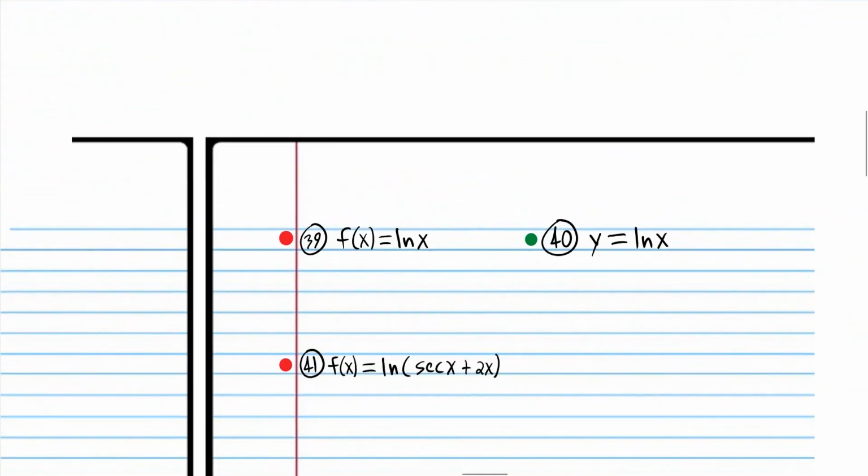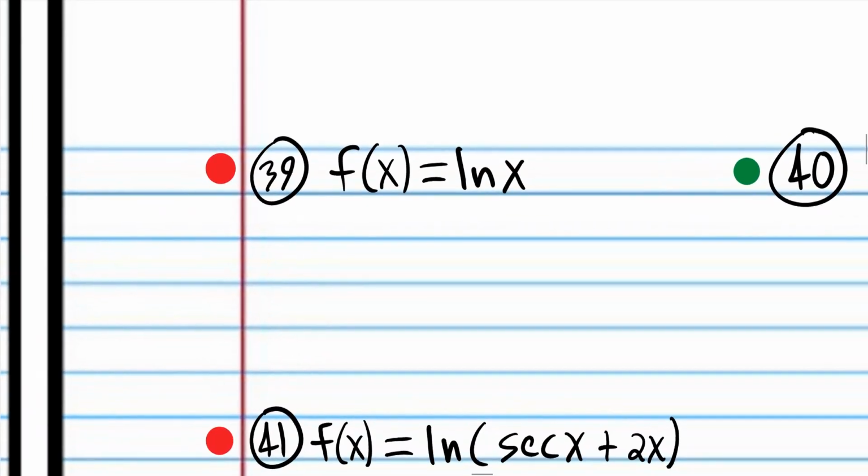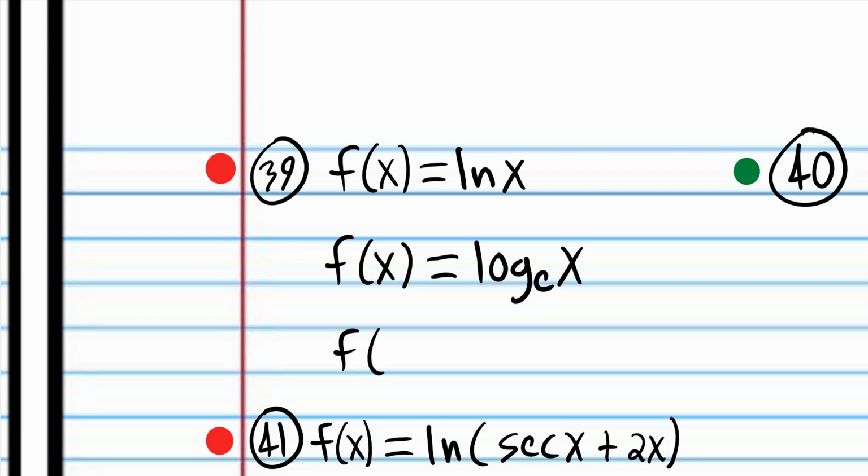Okay, so now we're going to find the derivative of natural log functions. Remember, natural log x is the same thing as log base e of x. So all we're doing is just using the same formula. It's 1 over x times natural log of whatever the base is. In this case, the base is e, right?